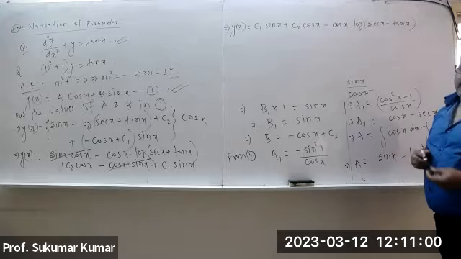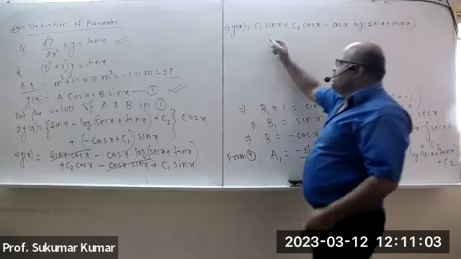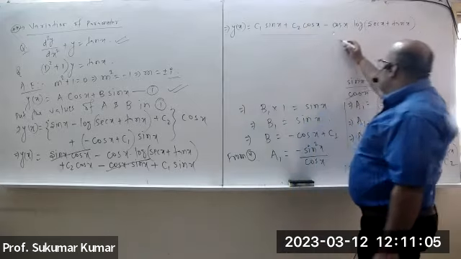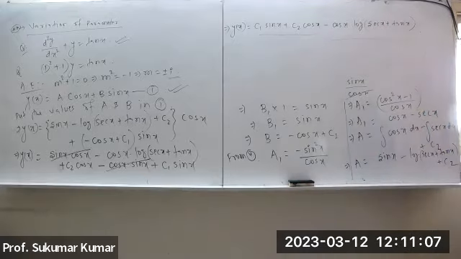This is the solution. This will come as CF. This will come as PI, by variation of parameter.